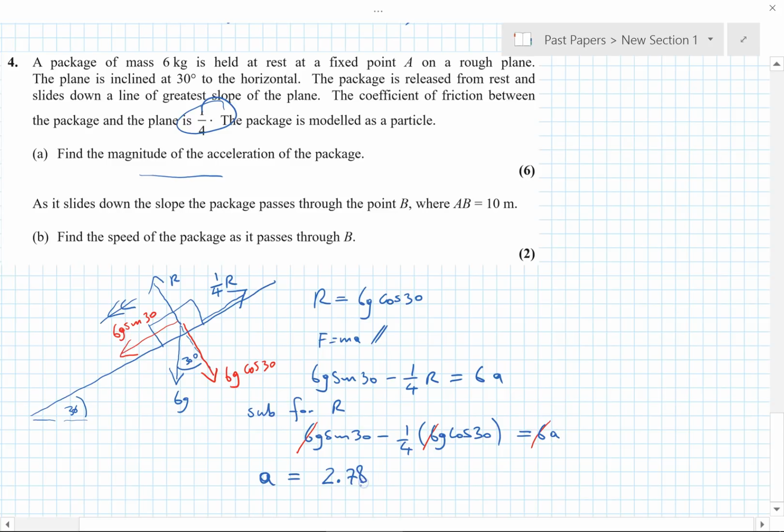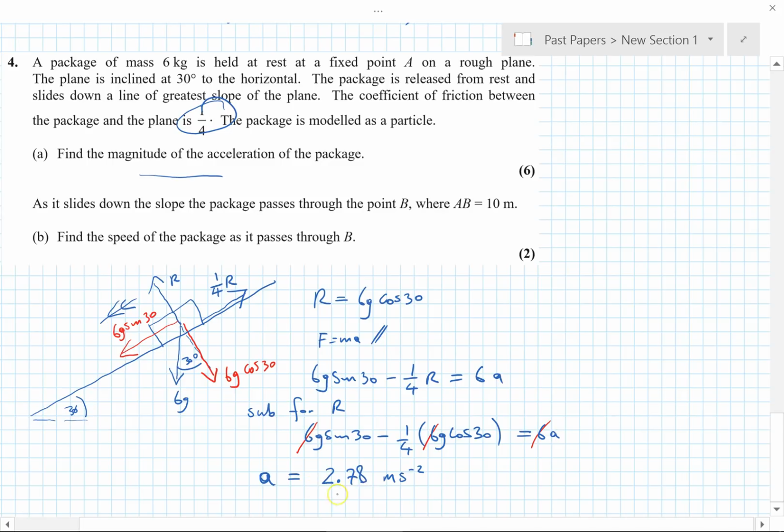2.78. Okay, a few rounding errors crept in at this point, where I saw a few which were 2.7. I saw a few 2.77s there, but actually most people got that mark, but then missed out on an accuracy mark in the next part, because this is actually 2.7782377761, or exactly 196 minus 49 square root of 3 over 40.